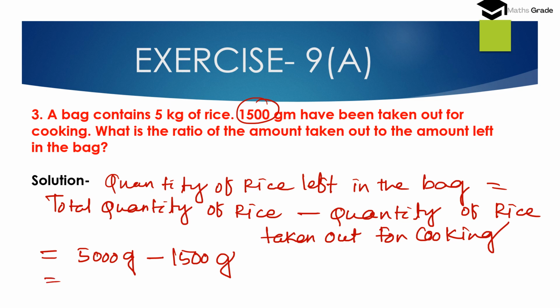Five thousand minus 1500 will be 3500 gram. The quantity of rice left in the bag is 3500 gram.